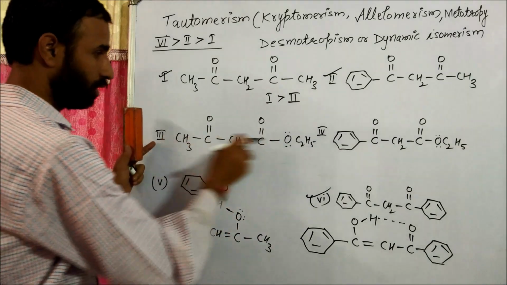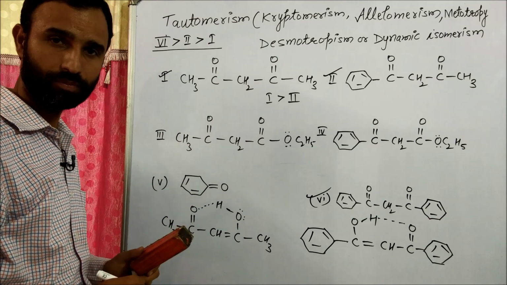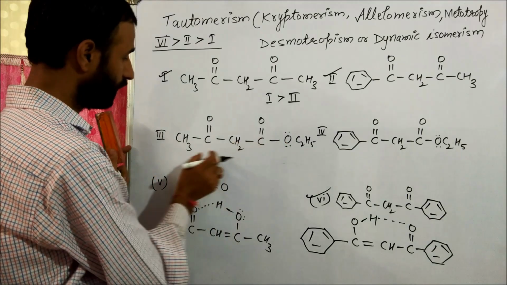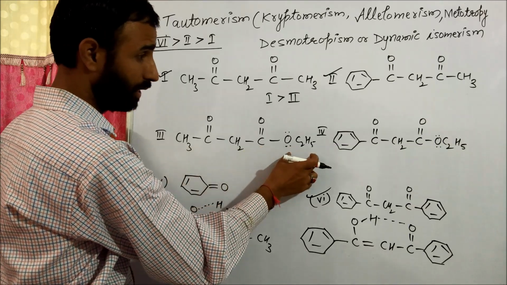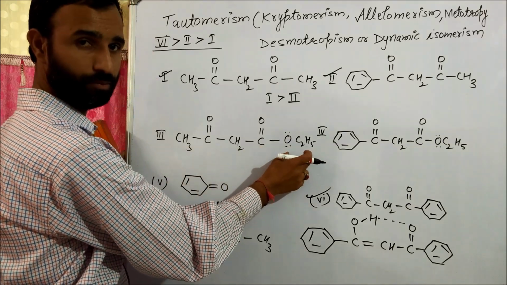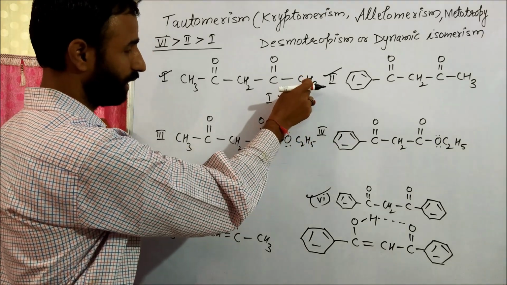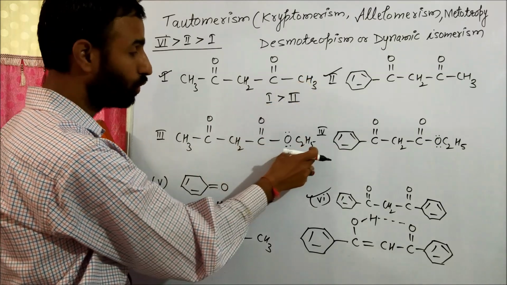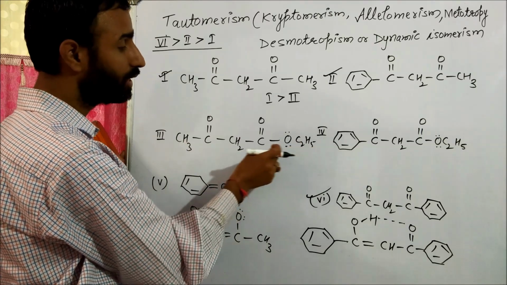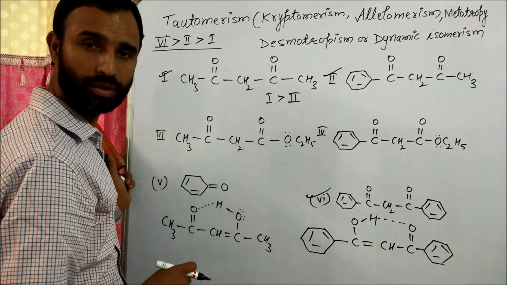What about 3 and 4? See, in this case, this part is methyl, but the methyl of the other part is replaced by OCH3. Now there is cross conjugation.